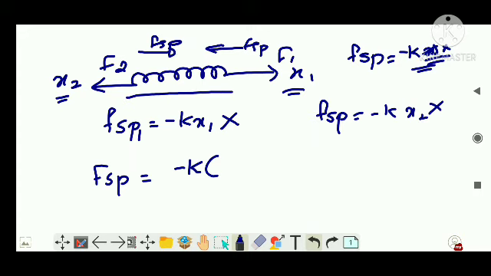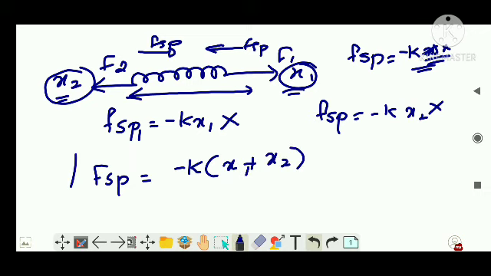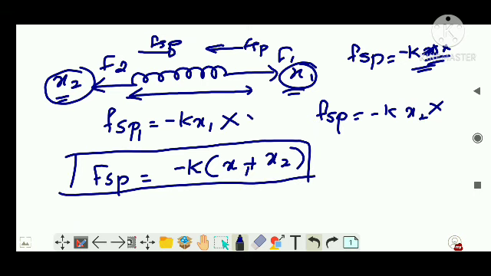What is the actual change in length here? It is increased by x1 and x2. So I am supposed to write it as minus k into x1 plus x2, not split like this. Obviously you will say I can just add FSP1 and FSP2. That is not the idea I want to bring about.